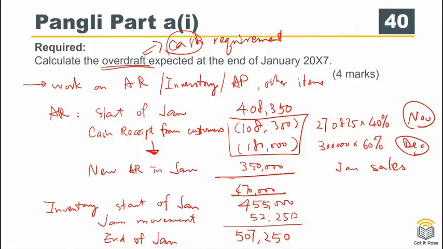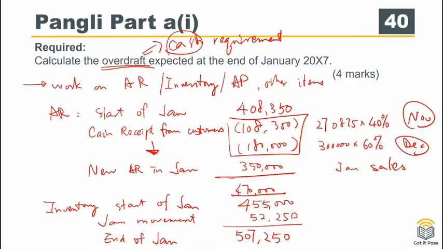So you have to work on each current asset or working capital item, like account receivables. You know the cash receipts and also the new account receivables in January. Some students may ask why I need to work on the balance and not just focus on the cash receipts.